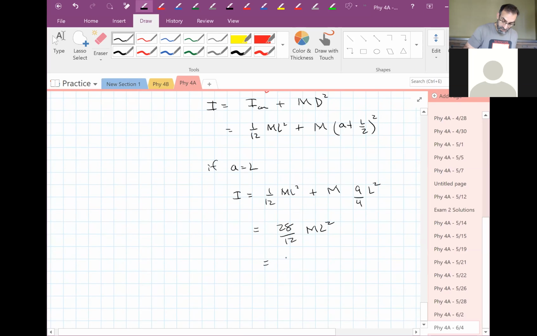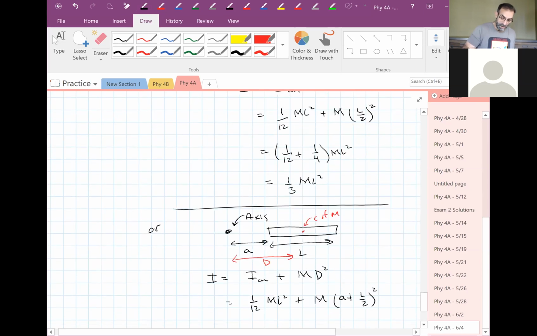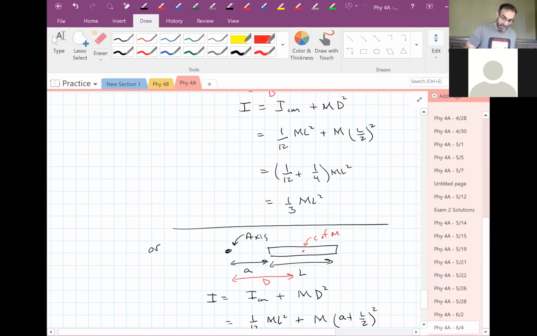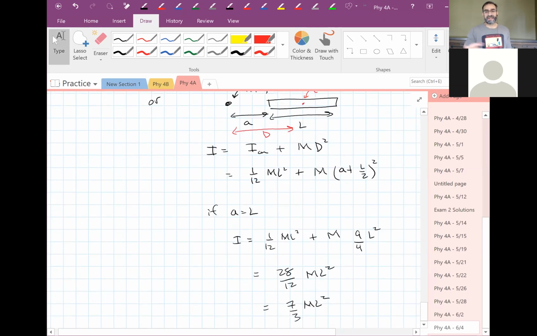That's 7/3, right? Is that what we got here? 7/3. Yes. Okay, so rather than doing all the math to show that it works for every A, let's just pick an easy A, like A equals L, and show that they work. In that case, we get the same thing.